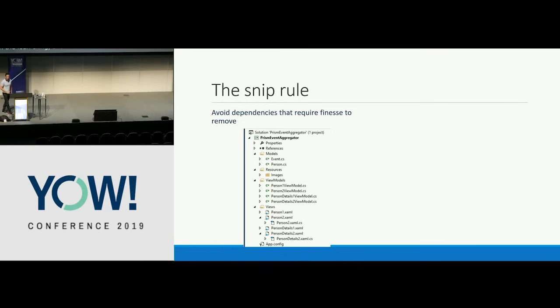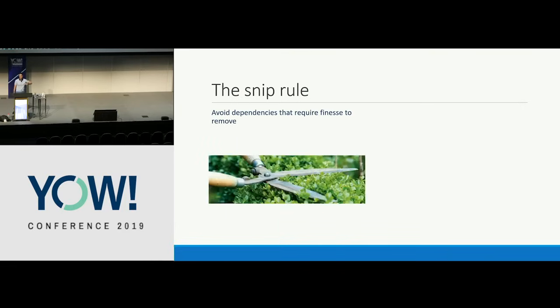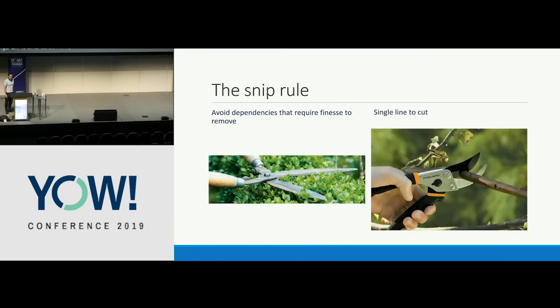Do I delete person 1 ViewModel and person 1 XAML and person details XAML? What about person up here? Is that getting used by person 2 or not? I have to finesse my way through the code base and nibble away at the leaves of this thing. What Paul suggested was, I don't want finesse to remove code, I want one branch to cut. Division by feature gives you this freedom.